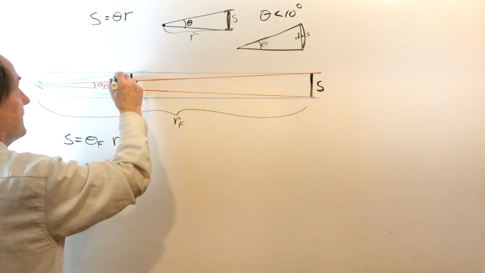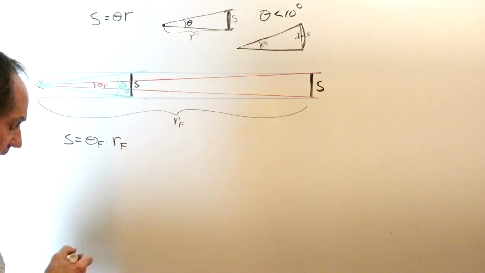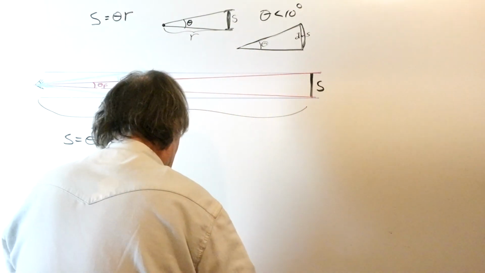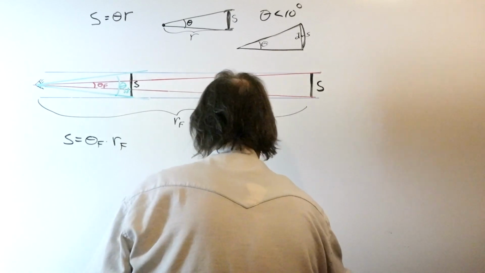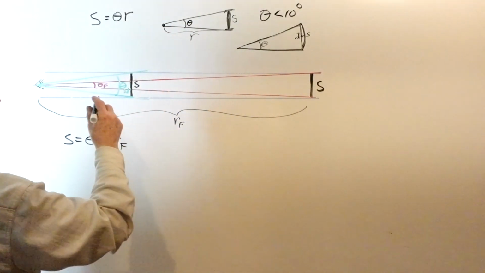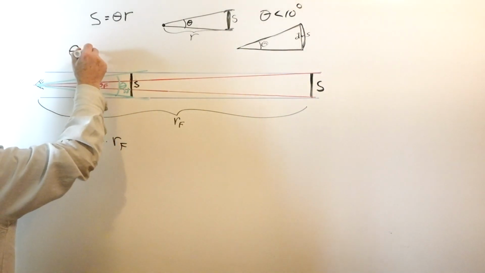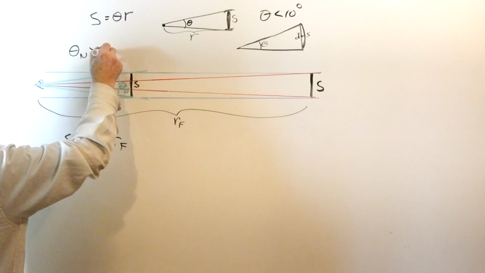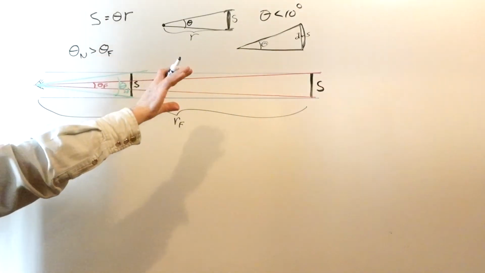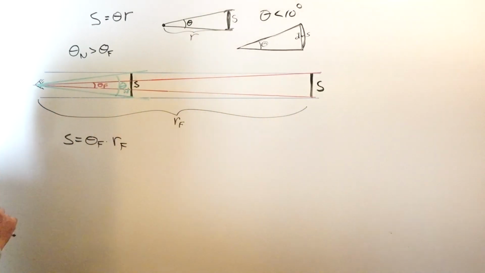So we'll call this theta n for the angular size when the object is near to us. We can see from the diagram that theta n is bigger than theta f.